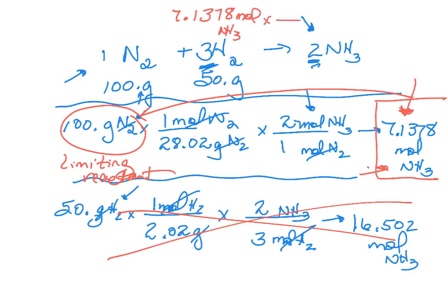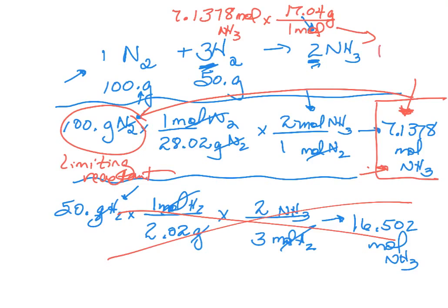And so the molar mass of ammonia is 17.04 grams per mole. And so now, if we multiply those out, they will give us the grams, the theoretical mass that can be made. So 7.1378 times 17.04.